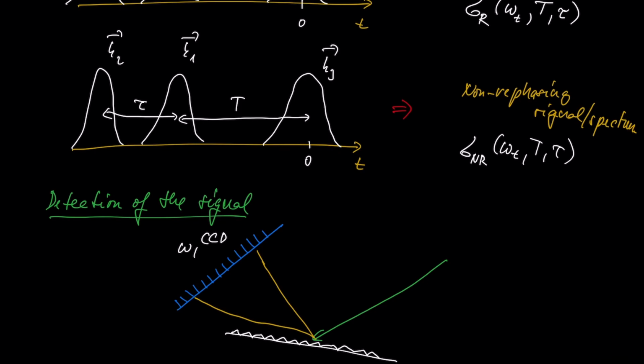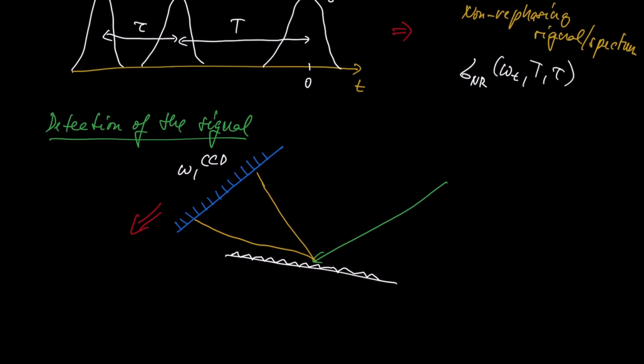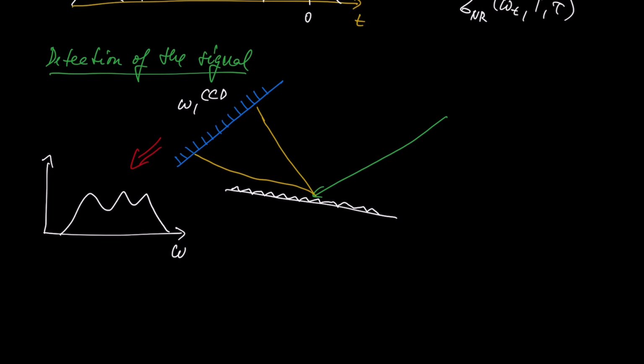So what we get from that is a simple picture where we have omega, and we see how much we absorbed in the CCD at different frequencies, so we get a picture like this, for instance. But what is it? Well, if we remind ourselves of the results from the previous lectures, this is a real part of, for instance, if we measure with the pulses so that the signal is rephasing, sigma r of omega t, tau, but also with this unknown phase.